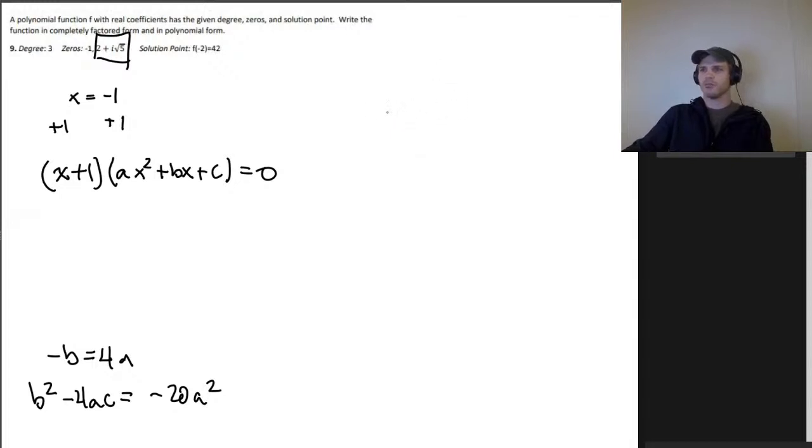So if this is our function here, and I plug in -2, it should equal 42. So let's say -2 plus 1 times a times -2 squared plus b times -2 plus c.